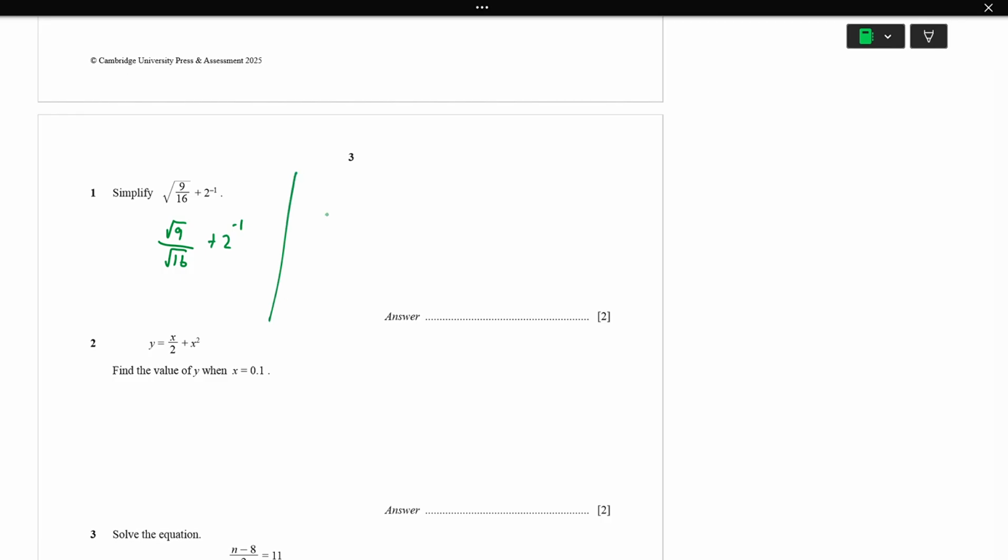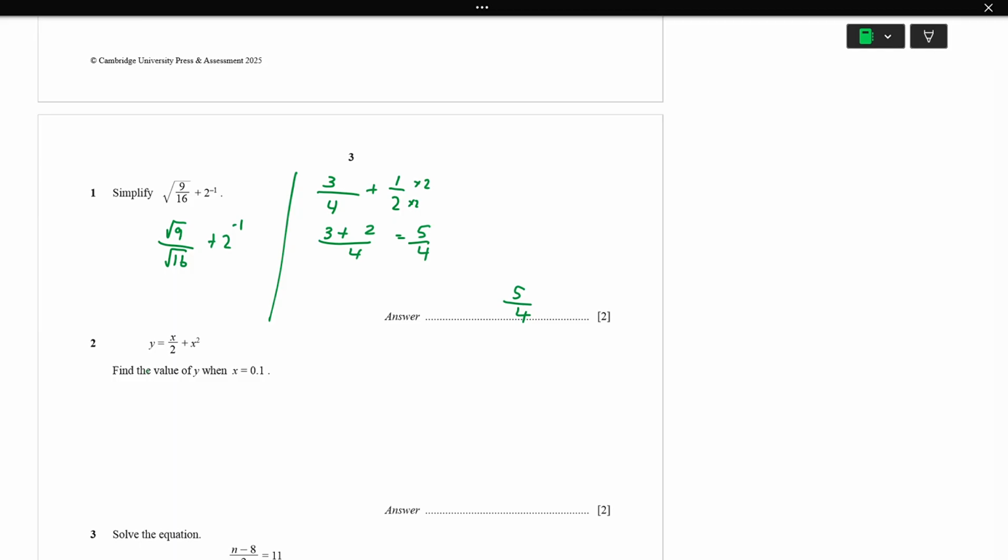Square root of 9 is 3, square root of 16 is 4, and 2 power negative 1 we can write as 1 by 2. When we simplify, we have to make the denominator equal. So 3 over 4 plus, multiplying by 2, 2 over 4, which equals 5 over 4. So 5 over 4 is the correct answer.